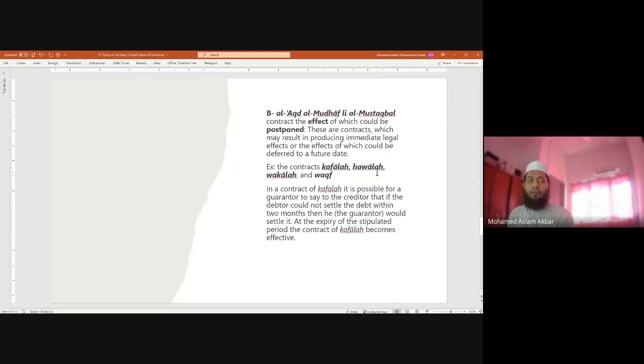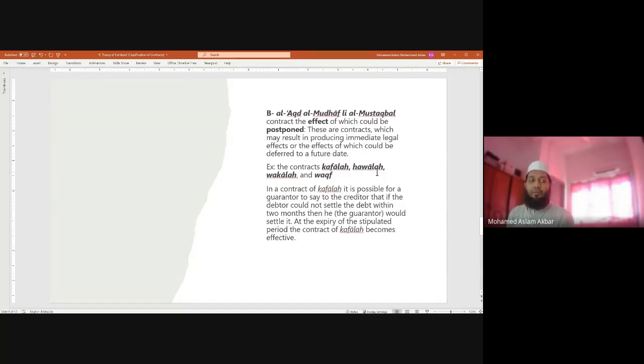Make sure someone, maybe your uncle or your brother, becomes the guarantor for you. If in case you cannot pay the monthly installment, then we will collect from your brother or from your uncle. So this is what we call kafala, yeah?